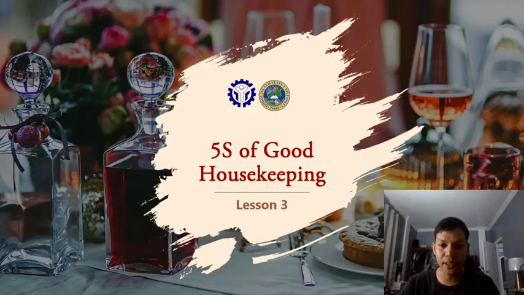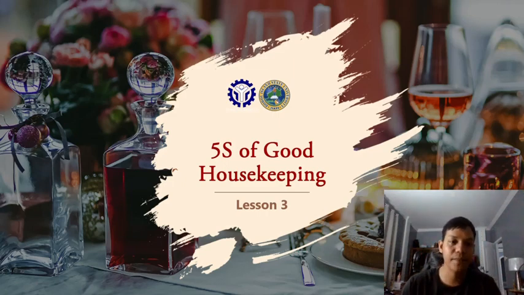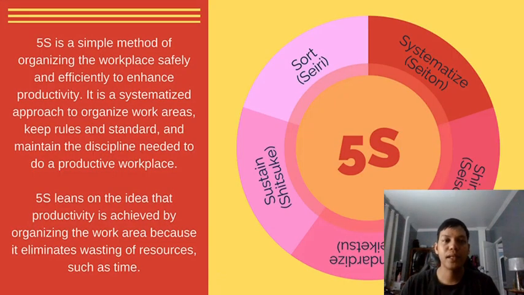The origin of 5S is in Japan, a country known for high quality standards in its products as well as in its services, and it has been adapted in different countries. So again, these are the 5S: sort or seiri, systematize or seiton, shine or seiso, standardize or seiketsu, and sustain or shitsuke.